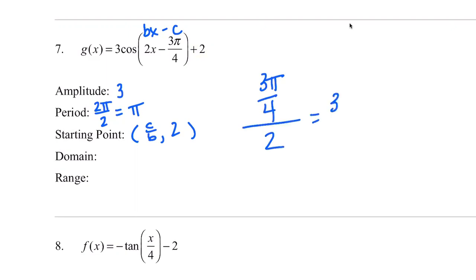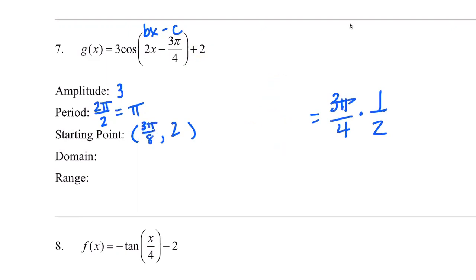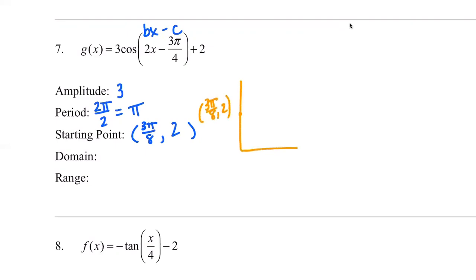So keep in mind that when we divide, it's the same thing as multiplying by the reciprocal. So when we identify C over B, it looks like we're getting 3 pi divided by 8. It feels strange, but that's okay. All right, so if our starting point is 3 pi over 8, comma 2, we're going to draw our frame.